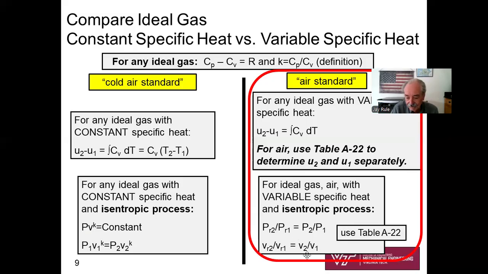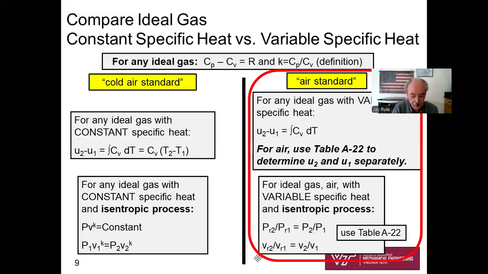And an interesting thing here is this is going to be the reciprocal of the compression ratio. V1 over V2 is 8.5 for this problem.